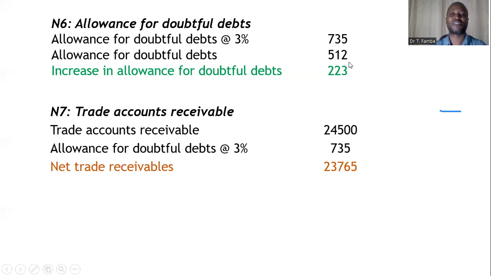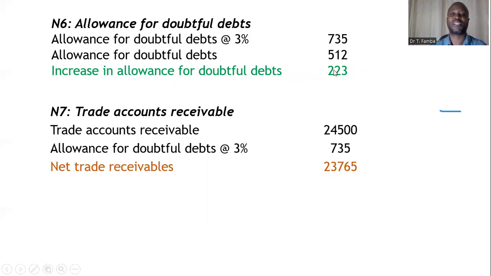So the increase shows that the probability of debt is increasing, which means that when that increases, we have to increase the charge. So this becomes an expense. So by prudence, we are saying that we do not want to overstate our assets.